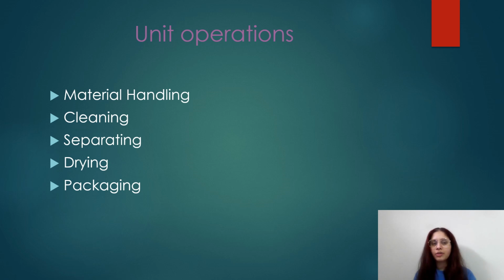When we talk about material handling, it is important not only in any one manufacturing process, it is a unit operation that is important in all of the processes, for example from manufacturing till the final product is made and goes out for distribution.